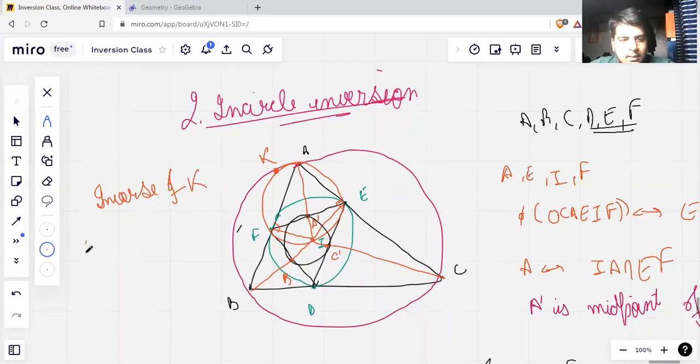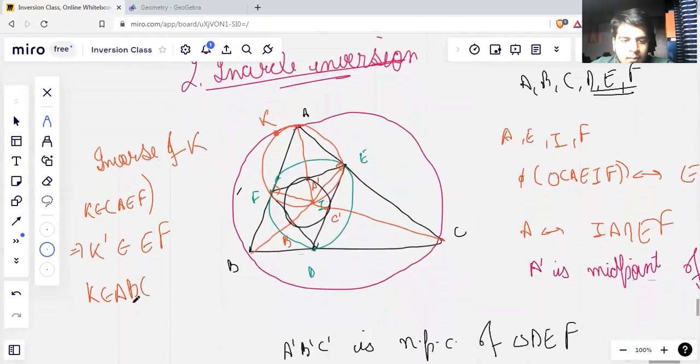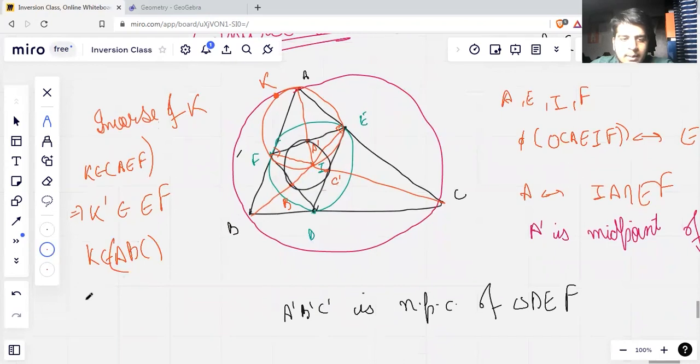Since K lies on AEF, this implies K dash will lie on EF, because the image of AEF is the line FE. And since K lies on the circumcircle ABC, this means K dash should also lie on the NPC of DEF.